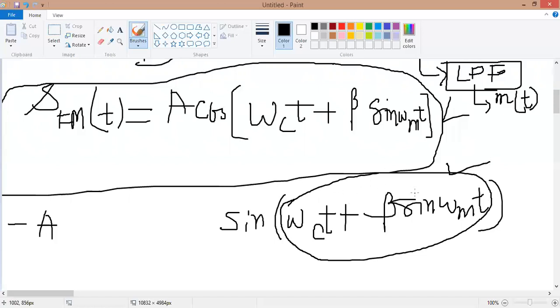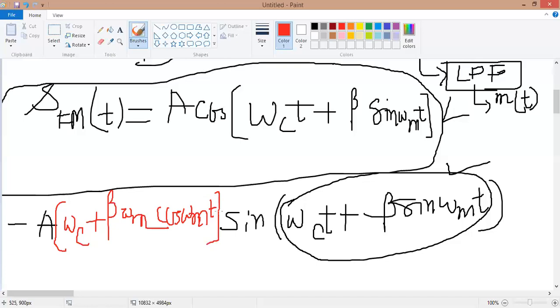If I differentiate it with respect to time, I will get omega_c plus beta omega_m, then next to that, cosine omega_m t. So you can obtain your signal with a certain variation with respect to time.